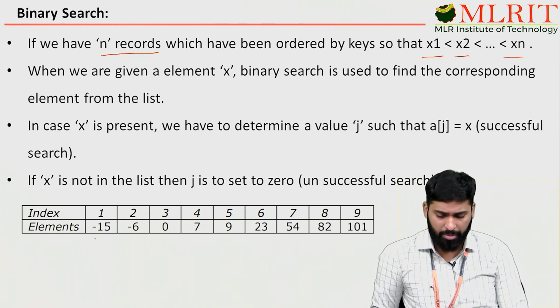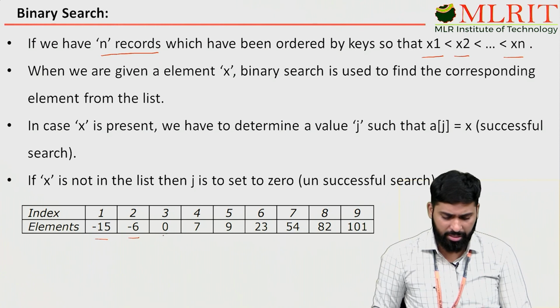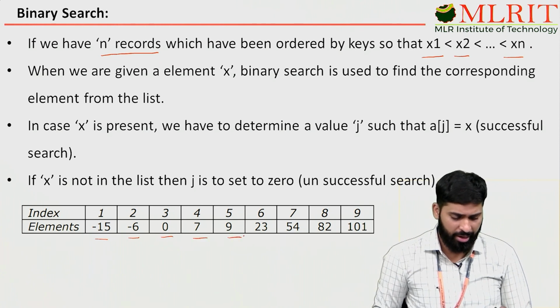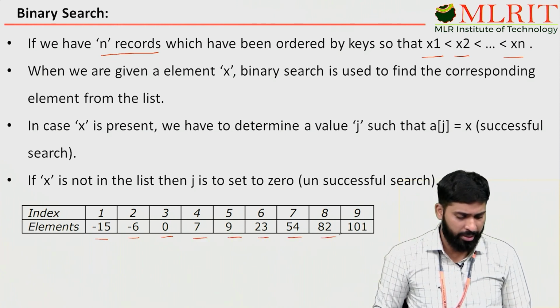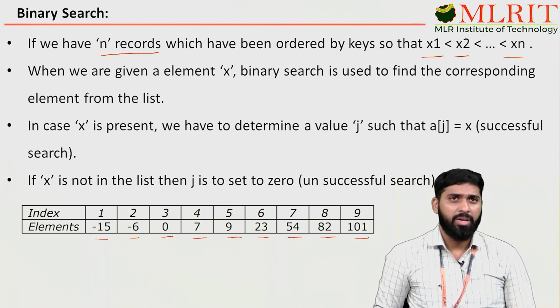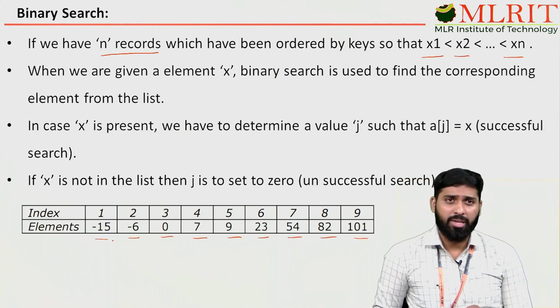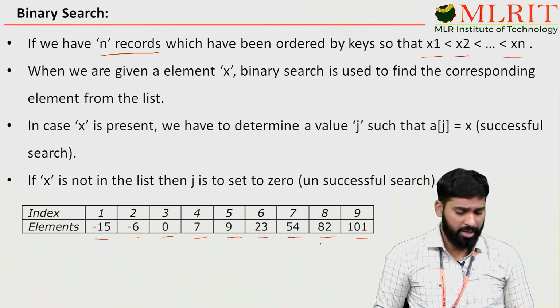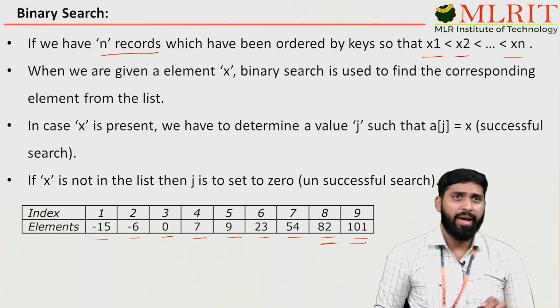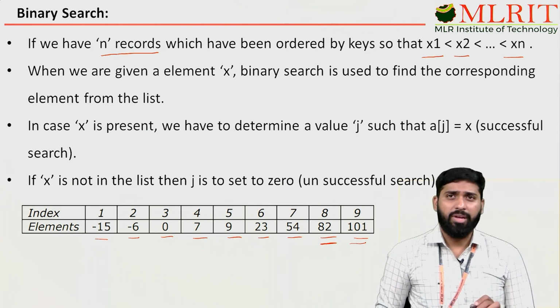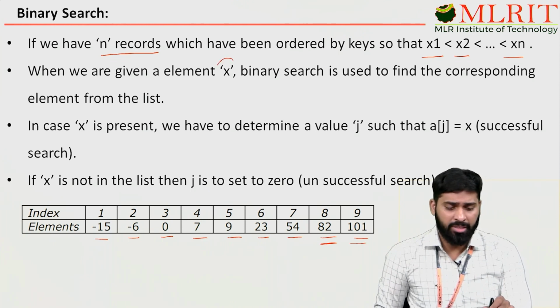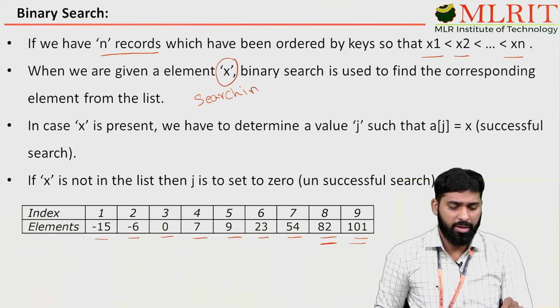The elements are minus 15, minus 6, 0, 7, 9, 23, 54, 82, 101. Here x1 is less than x2, x2 is less than x3 and so on. When we are given an element x, what is x? X is the searching element.